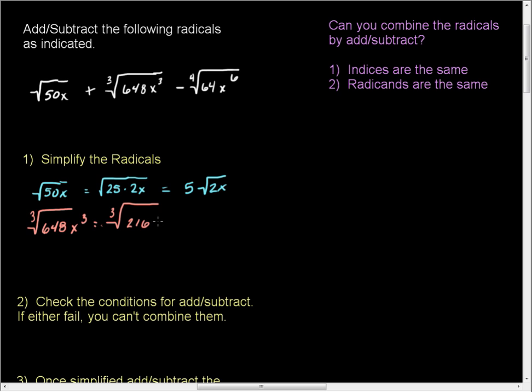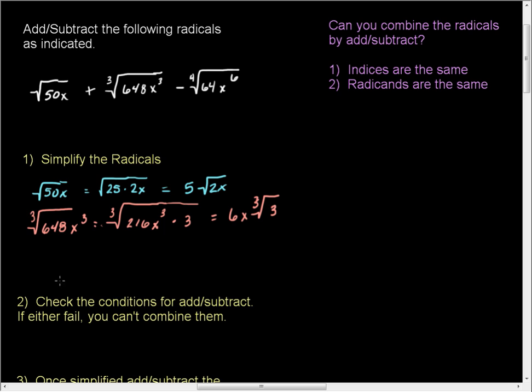And you'll notice that 216 does. X cubed is also a perfect cube, and so I'm going to put those two together, but then it's 3 times 216. And that's going to give us 6x times the cube root of 3.